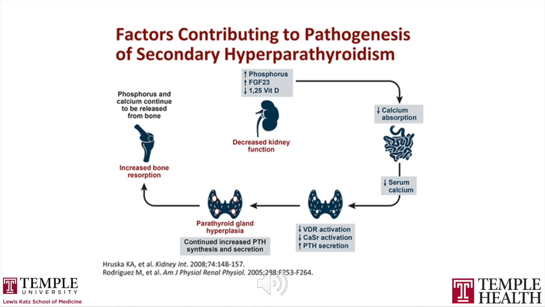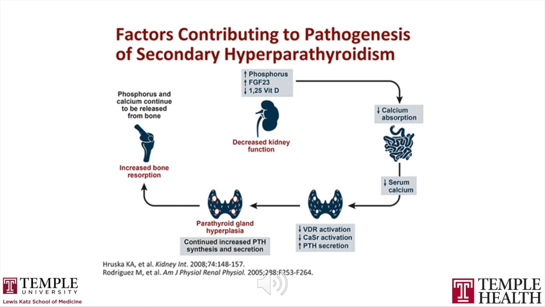So, in secondary disease due to end-stage renal disease on dialysis, you get secondary disease because of your kidney function being so poor. So, you have decreased kidney function. This increases your phosphorus and decreases your vitamin D. You have an increased phosphorus. This starts to bind up your calcium. This creates a low calcium as well.